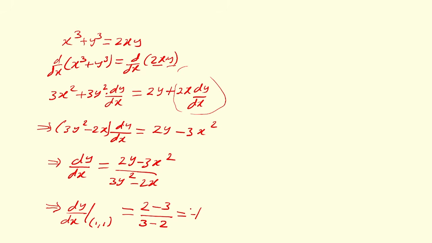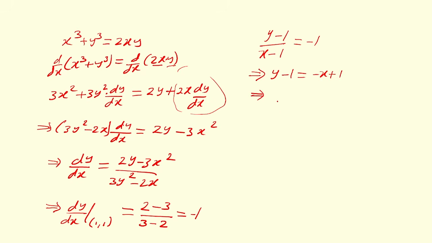The slope is minus 1. Now to determine the equation of a line, always y minus the y component 1, over x minus the x component in the point, 1, is equal to the slope. So multiply both sides by x minus 1. y minus 1 is equal to minus x plus 1.